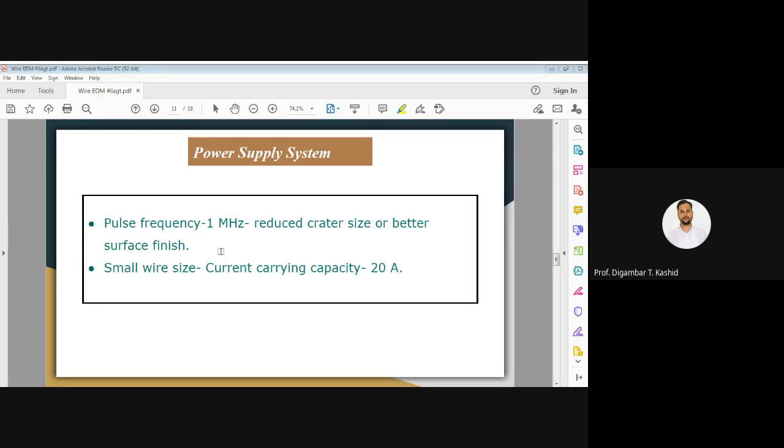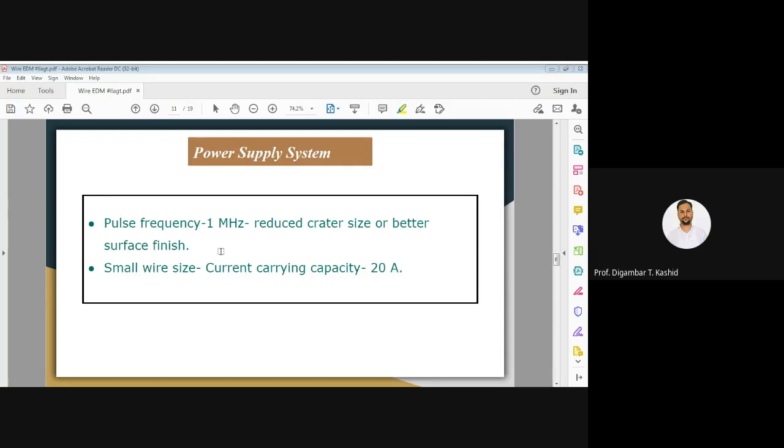So we cannot expect a very big crater, we need a very small crater. And for getting this small crater, we have to use a high frequency of current. Whatever DC power supply we are going to use should have a high frequency of current.